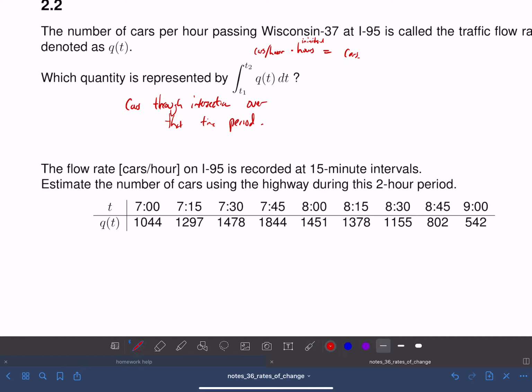So kind of the best I can do when I really want to compute the integral from 7 a.m. to 9 a.m. of q of t dt, but I don't have that continuously for all t. I only have it discretely at some particular times. So what we're going to do is approximate this as a sum of q of t sub i times delta t.